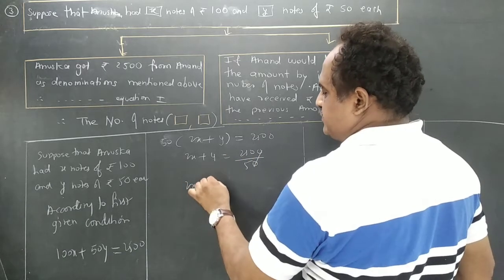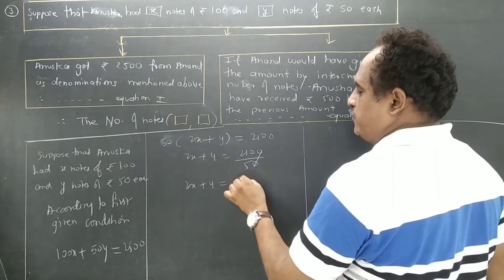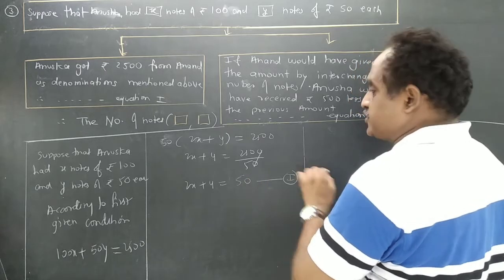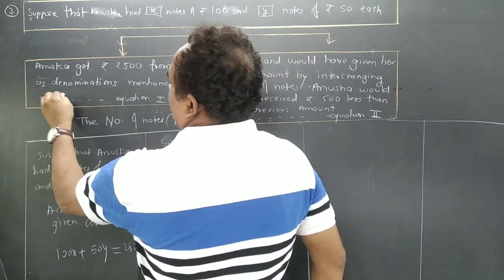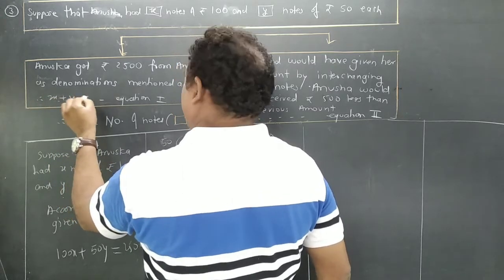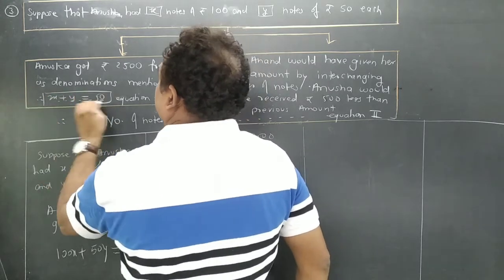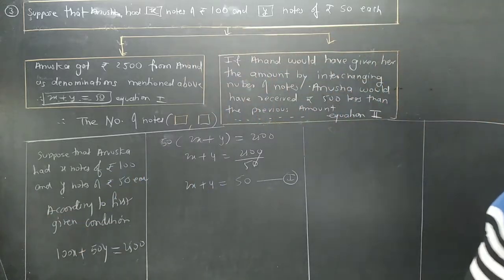So 2x plus y is equal to 50 is equation 1. That equation you have to mention over here.